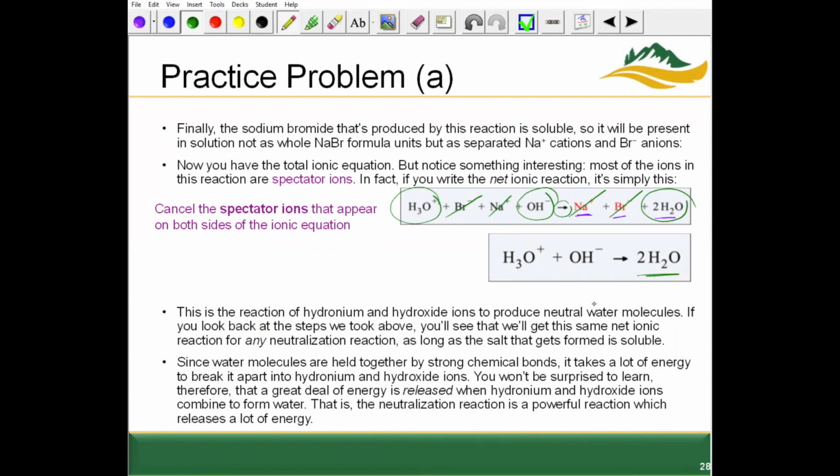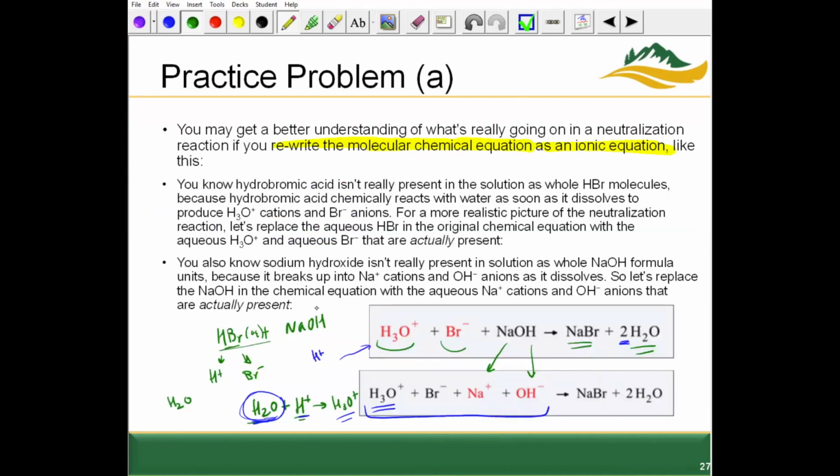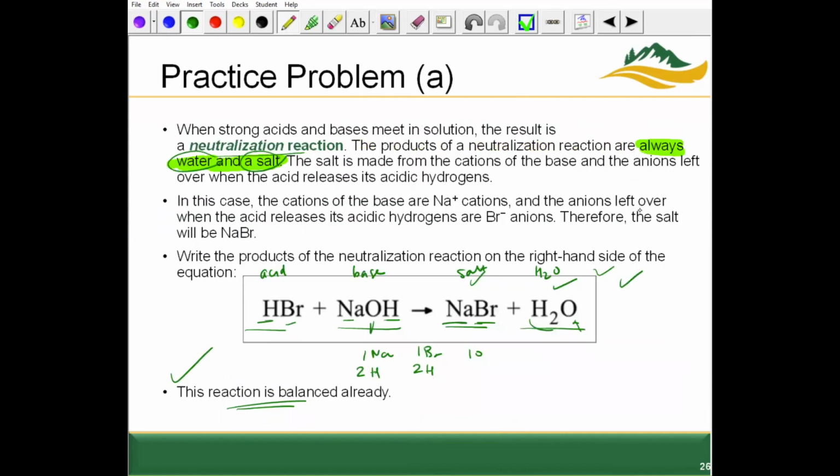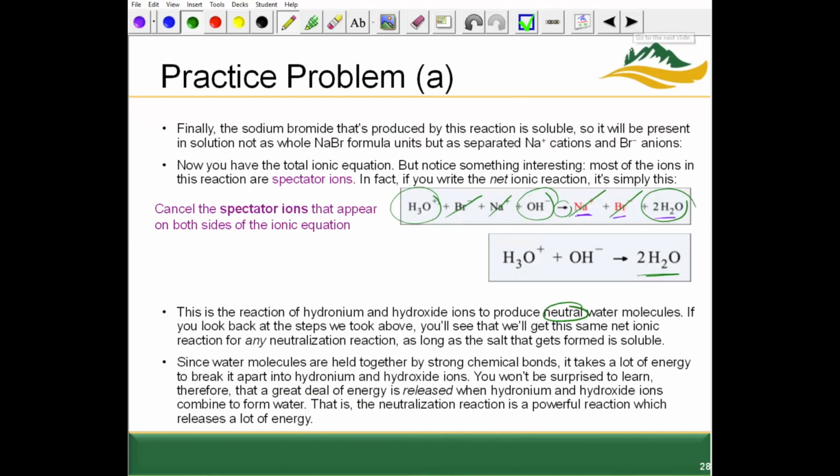These 2 water molecules are neutral. What's important to see here is that regardless of the initial reaction we came to work with, because of these spectator ions involved and the salt that's formed, this net ionic equation holds true for any neutralization reaction.